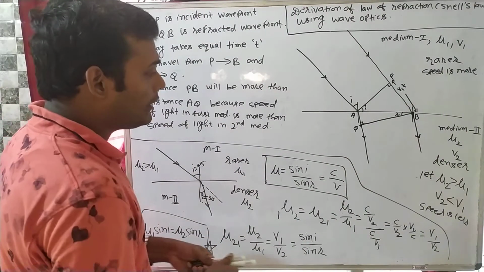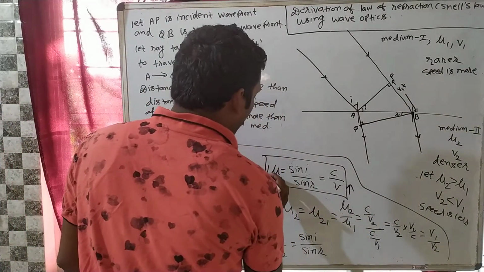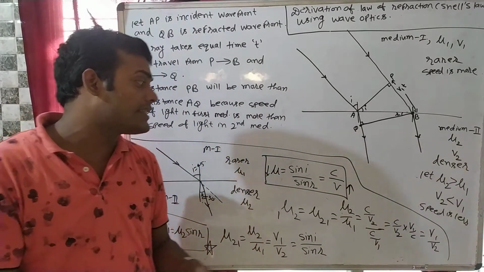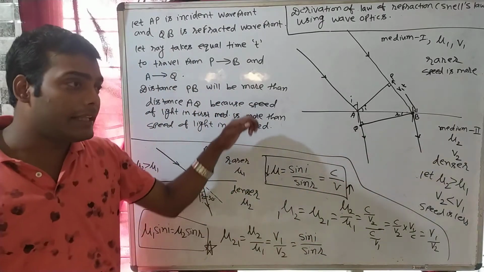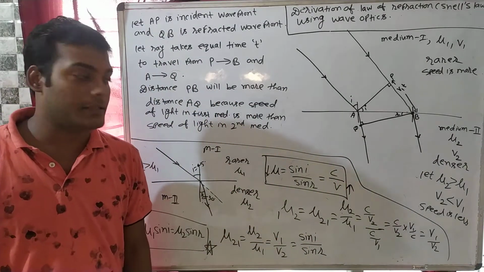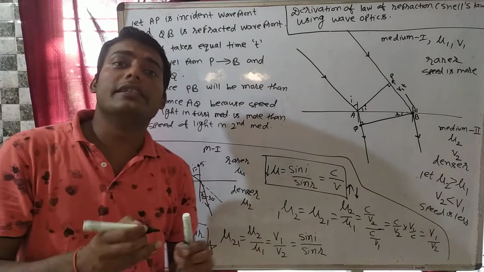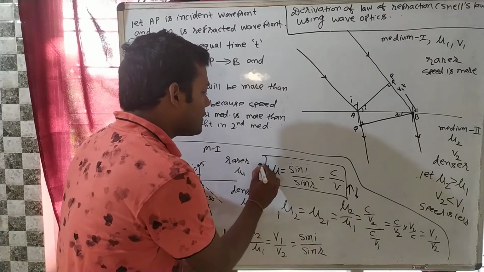You can notice one thing: if v is more, then mu will be less. That means if in any given medium the speed of light is more, then its refractive index will be less. But if the speed of light is less in some medium, then the refractive index is more.